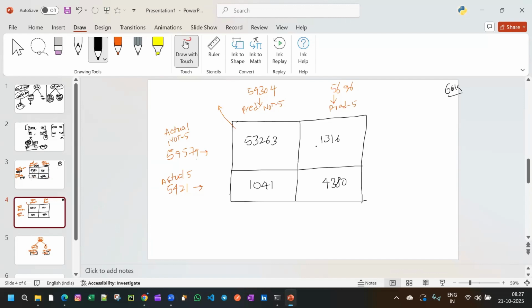So 54,579 minus 53,263 leaves 1,316 images, which my model wrongly predicted. The 53,263 images are correct predictions, and these are wrong predictions.